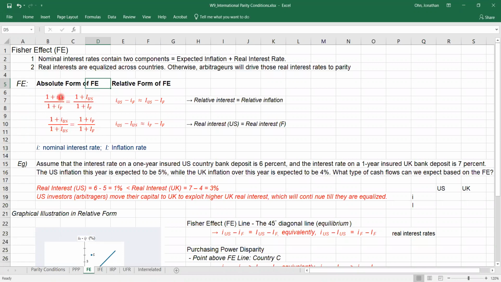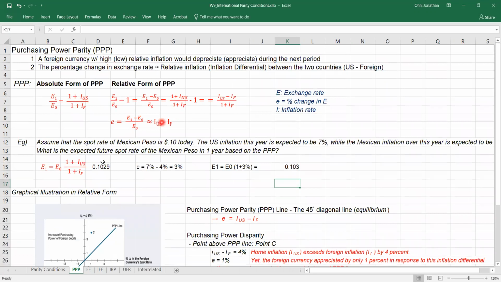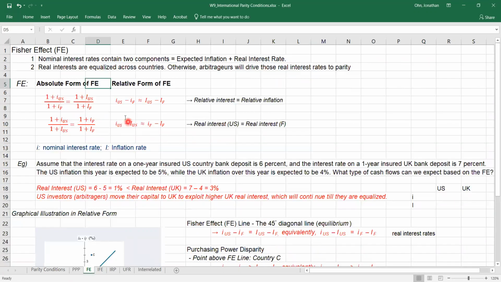So 1 plus i US over 1 plus i UK equals 1 plus big I US over 1 plus big I UK. All right. So if you change this to relative form, the same way as we did in purchasing power parity here, it comes down to this. If you subtract 1 from both sides, and we have the approximation, then you get this one.